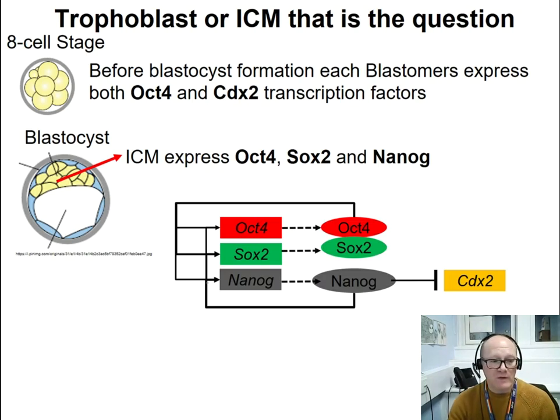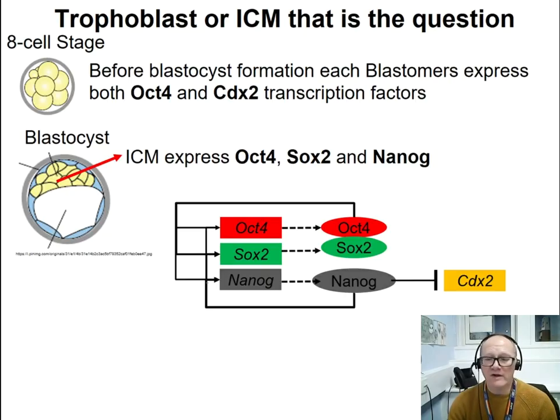OCT4 is promoting its own transcription, but is also promoting the expression of SOX2 and NANOG. The same is valid for SOX2, and the same is true for NANOG as well.